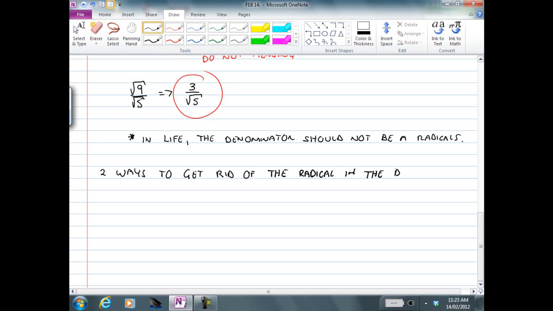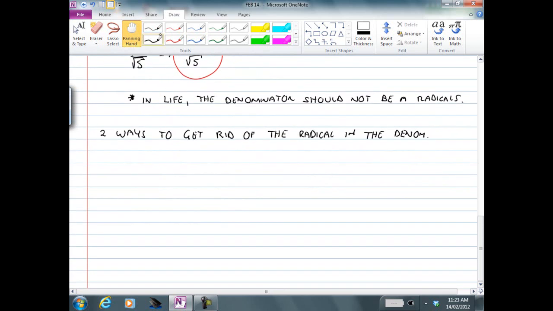Does anyone know where Risham is, by any chance? Anyone going? Nope. In the denominator. There are 2 ways. I'm going to show you the first method. Technique number 1. This is called rationalizing the denominator.